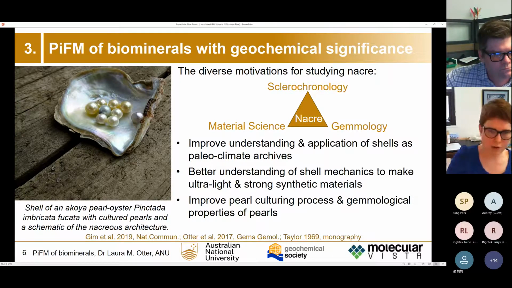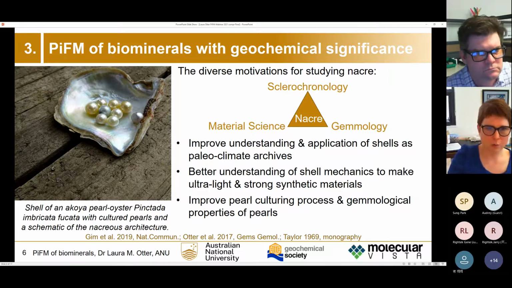So it's interesting to learn how shells grow and then sort of try to adapt this into our material sciences to make better materials. And the other aspect is, of course, because nacre makes pearls or is part of pearls, a better understanding of nacre means also a better understanding of the pearl culturing process and the different gemological properties of pearls. And we can see some nacreous shells and pearls here.